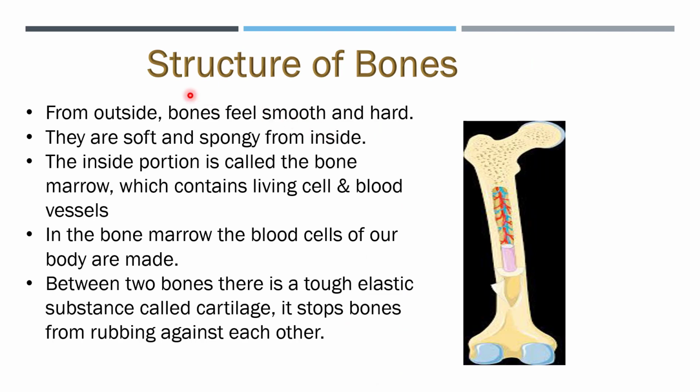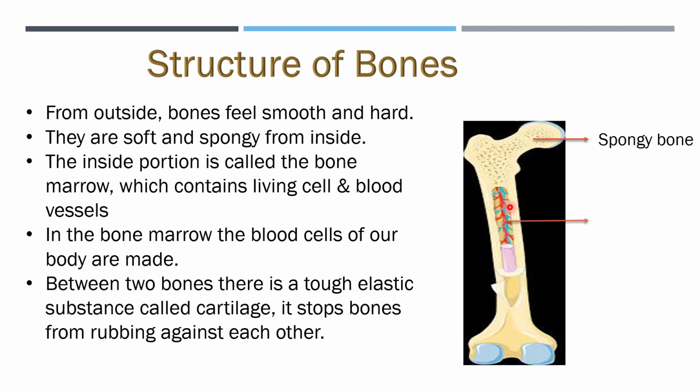Now let's have a look at the structure of bone. From outside, bones feel smooth and hard. They are soft and spongy from inside, as you can see in this image. This is called soft bone or spongy bone. The inside portion is called the bone marrow, which contains living cells and blood vessels.